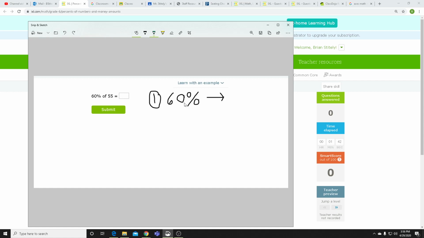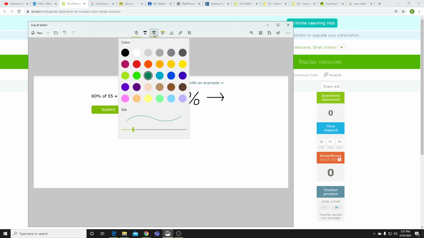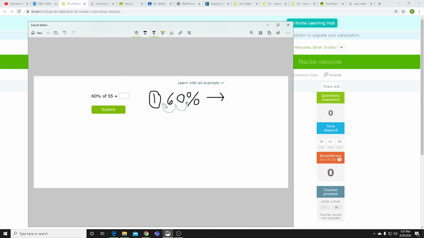So we're 60%, well, this is a whole number, right? So the decimal is right here to the right of 0. We move it over 1, 2 times. Okay, so this gives us, the decimal's to the left of 6 now.